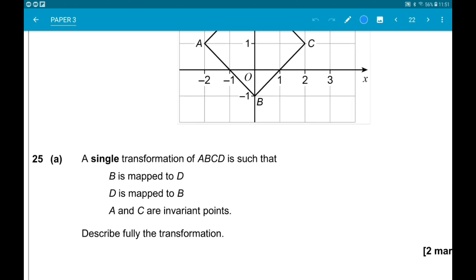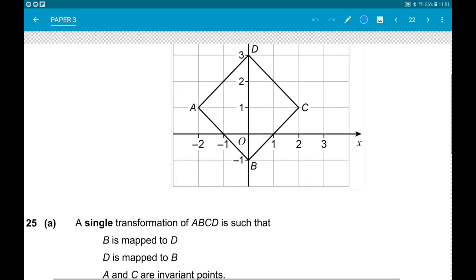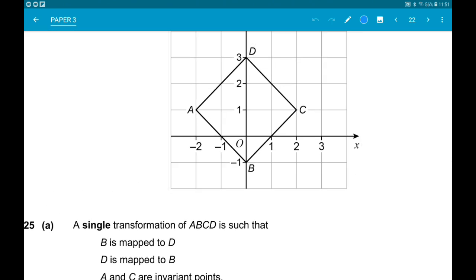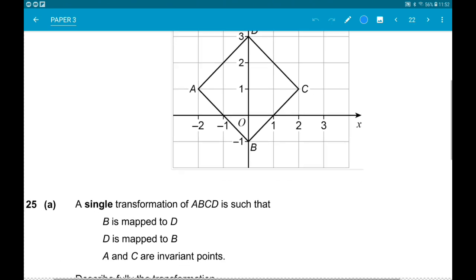Describe fully the transformation. So, invariant points means they don't move. So, for B and D to swap places, it's going to be a reflection through the line y equals 1.